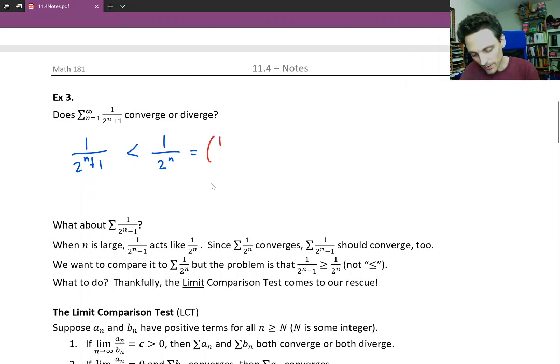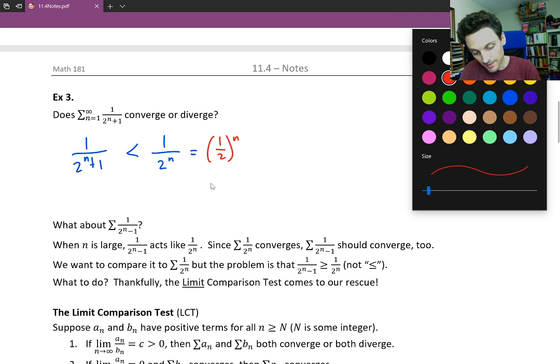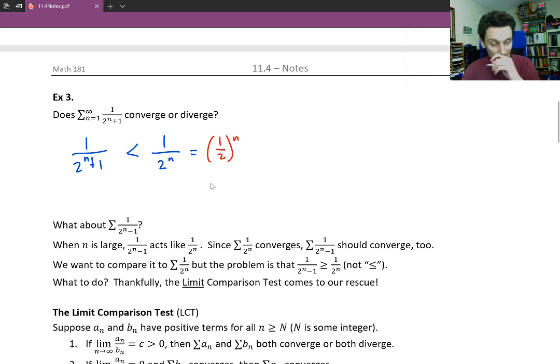I'm going to write the form a little bit different, 1/2 to the n. That way you can see it as a geometric series. And you can see what the r value would be of that geometric series. And this inequality is true for n greater than or equal to 1, which is all we need for this series.